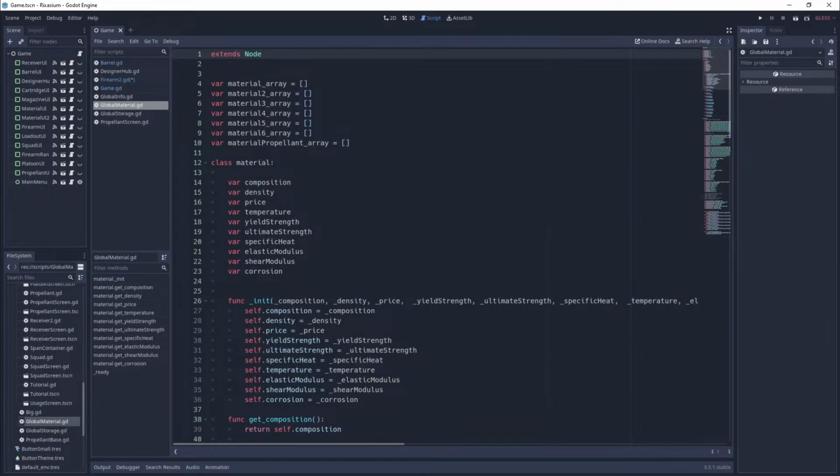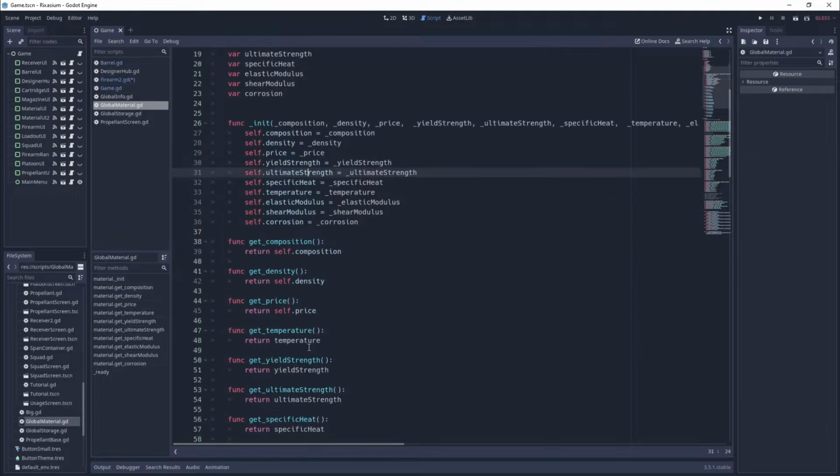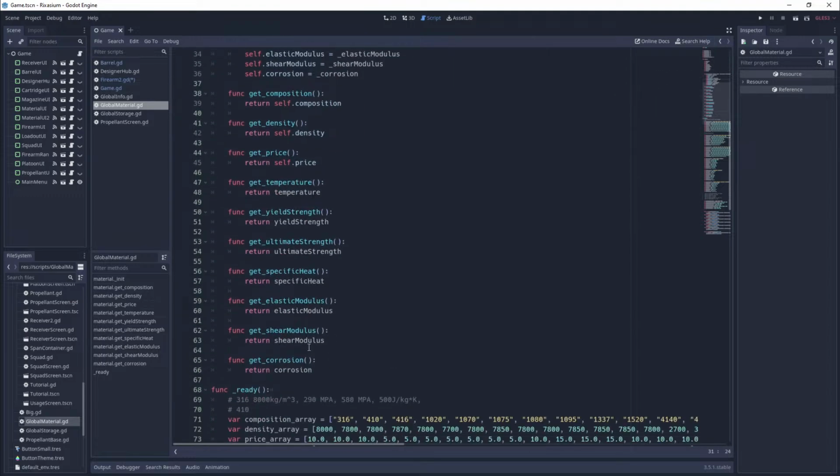So with this, what they don't want you to do is you're going to get elastic modulus.